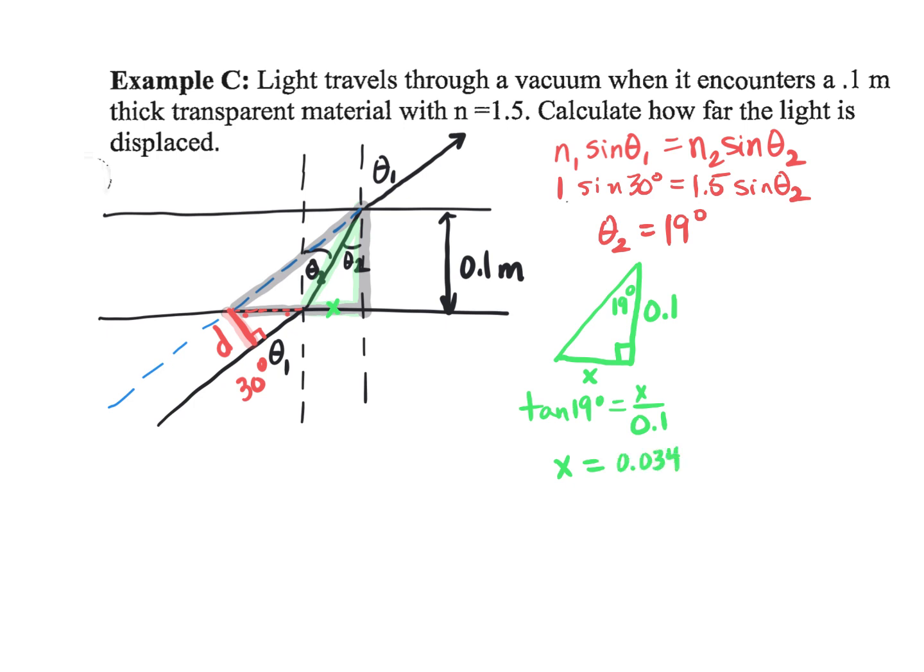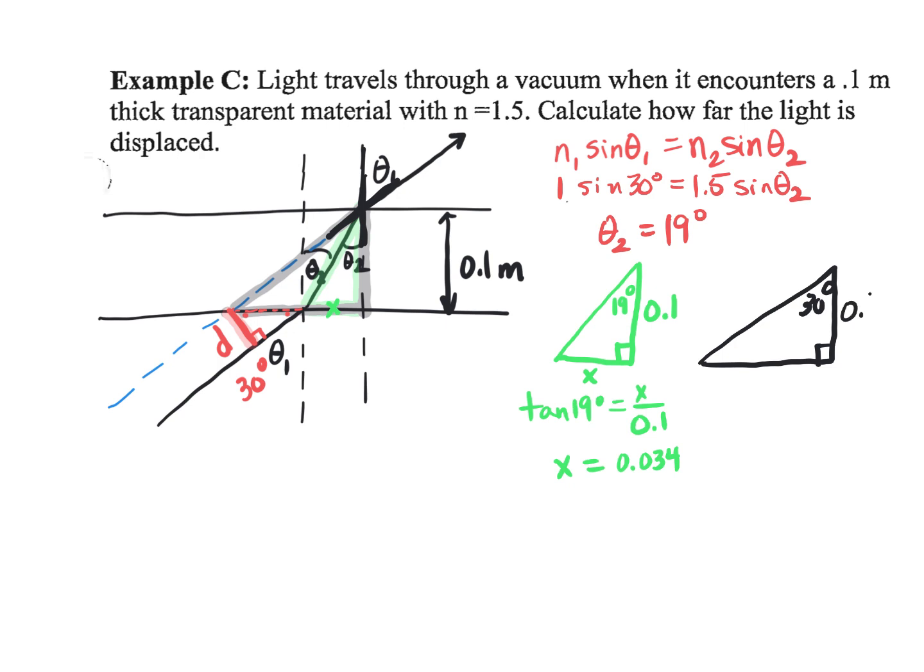Now, let's do the other triangle. That's this angle right here, isn't it? Do you guys see that this angle and this angle are the same? Aren't these vertical angles? There's a lot of geometry in optics. So theta sub 1 was 30 degrees, wasn't it? So this is also 30 degrees.